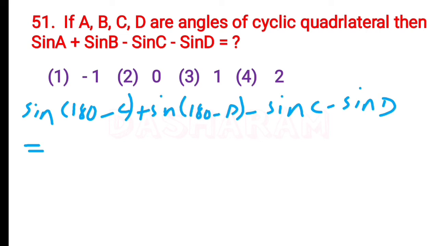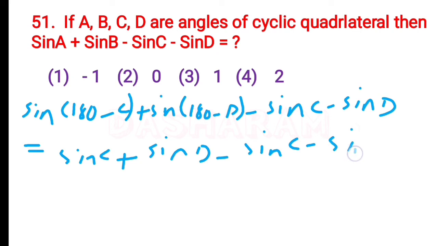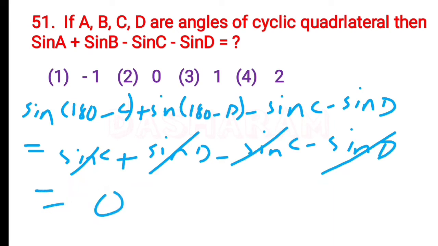So sine 180 minus C will become sine C. How it becomes sine C you will learn in the higher classes. And sine 180 minus D is sine D. So minus sine C minus sine D. Let's cancel the elements here. All are cancelled, so it is equal to 0. Option 2 is correct.